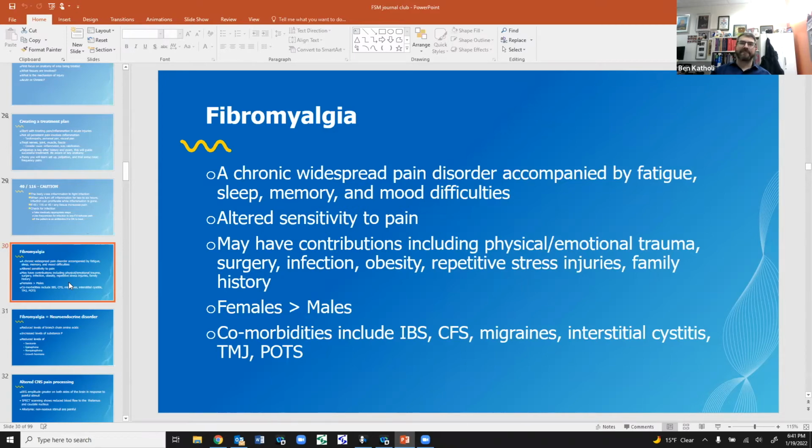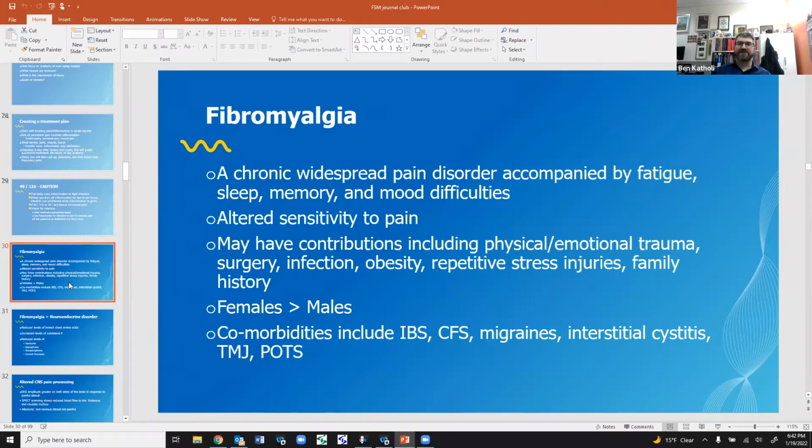So it triggers, in fibromyalgia, high levels of cytokines, which influence pain levels. Repetitive stress injuries, meaning, if I type all day long and I develop hand pain and it spreads to the rest of my body, that can be a trigger. And then family history, actually genetics. So 10% of chronic pain is inherited.